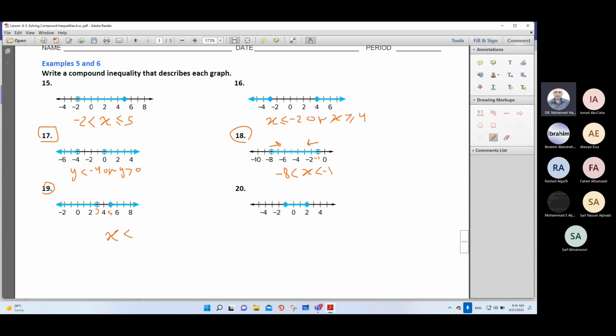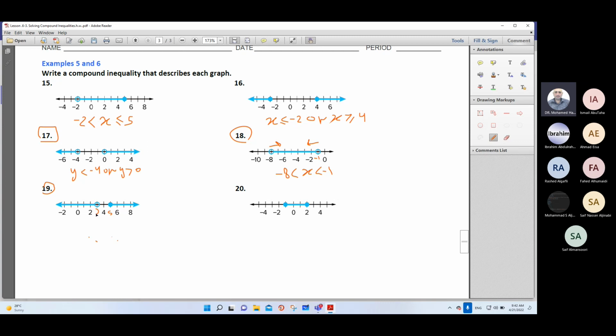So here we have a shaded circle, which means x here will be x less than 3 or x less than or equal to 5. Here we must use or, because between the two endpoints we have no solution.